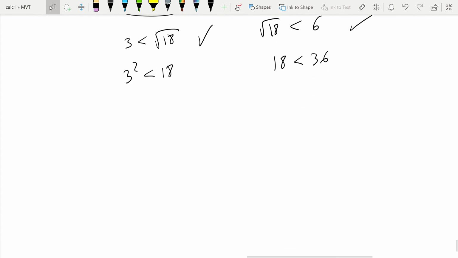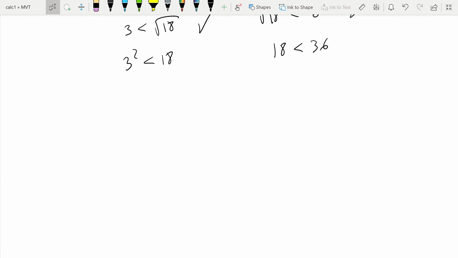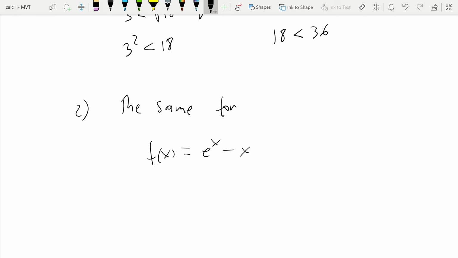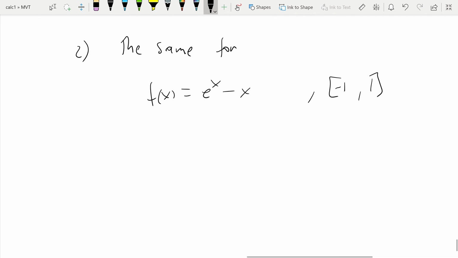So okay, let's go over one final example, one shorter example. So the same, but now for f of x equals e to the x minus x, and where the interval is now minus 1, comma 1.